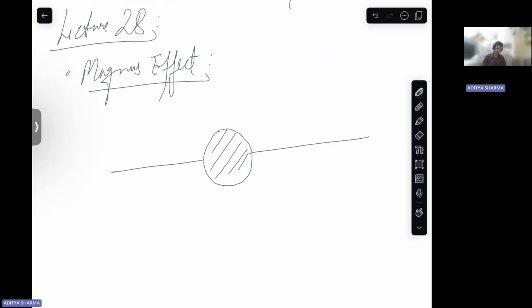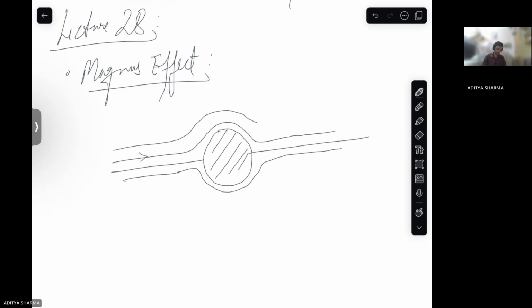About this axis, it is symmetrical. Now, if some fluid is moving around it, it will be like this, streamlines. Okay, these are your stagnation points.